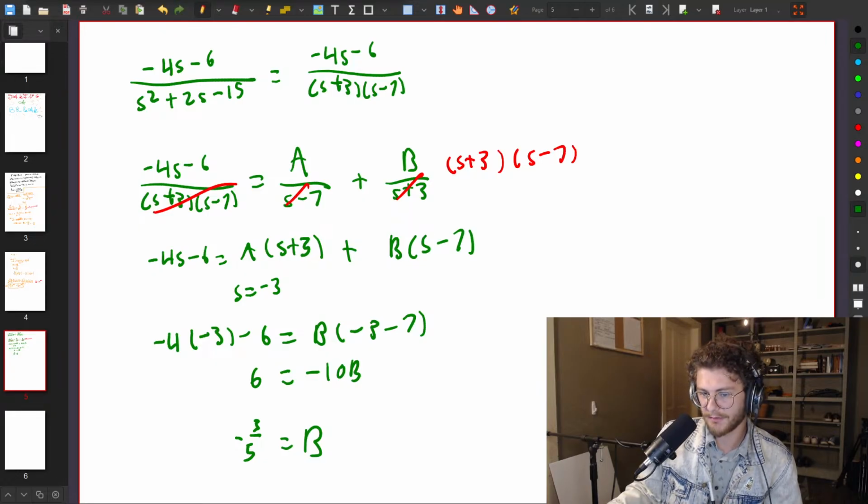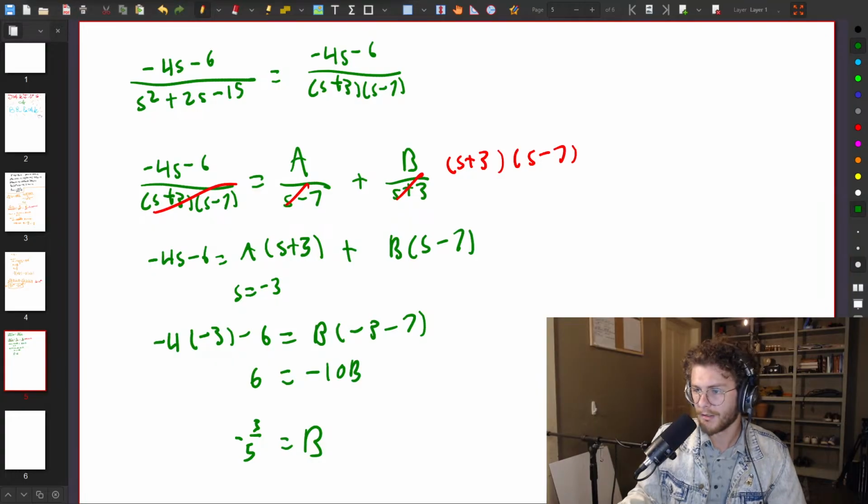It's looking like we're in a negative here on this one. What am I doing wrong? Could be that I'm moving really fast. Negative 4s minus 6, so negative 4 times negative 3, that's positive 12, that's minus 6, that's negative 3 minus 7 is negative 10.